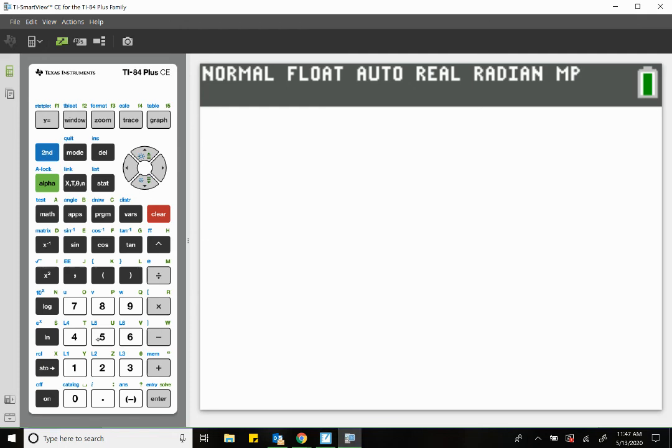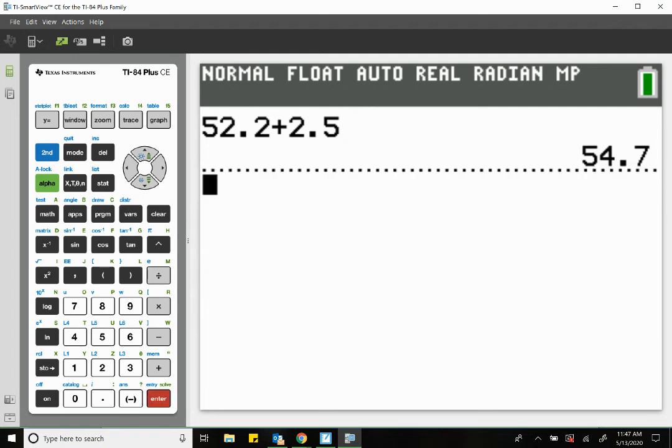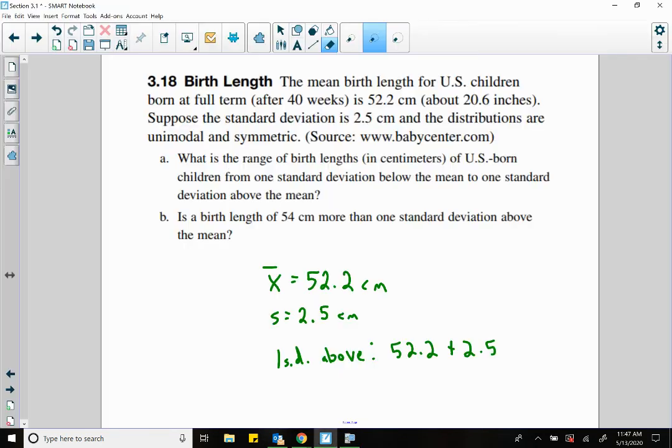So 52.2 plus 2.5, 1 standard deviation above is 54.7 centimeters.